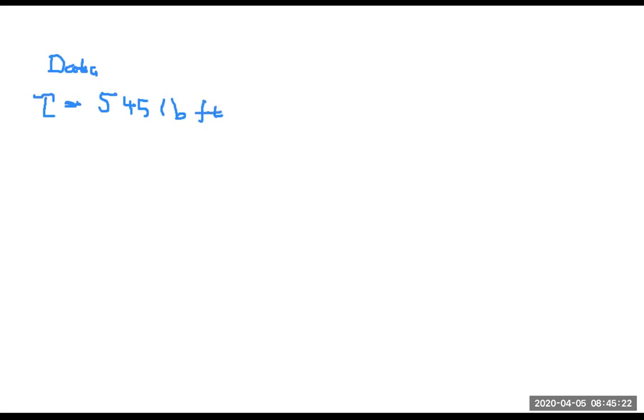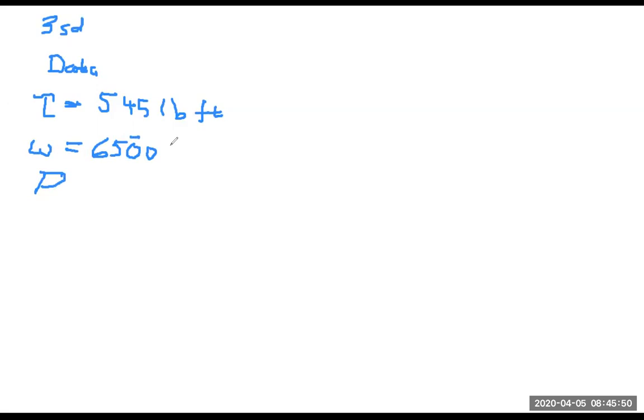And the angular velocity is given as 6,500 RPM. And the 6,500 has a bar here, so we know right away 3 sig digs. And we're after power. We want it in horsepower, but we're not going to get that on the first step. We're going to get foot-pounds per second.